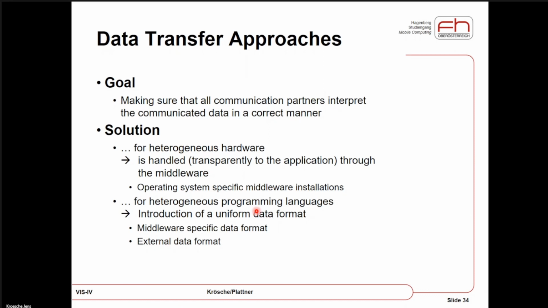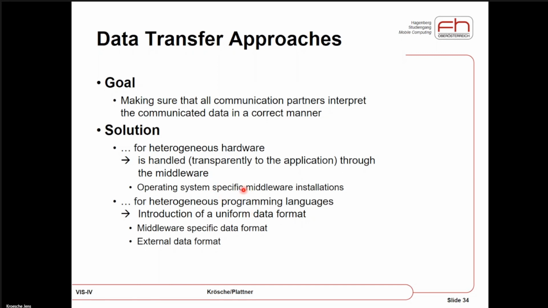So there are different middleware technologies coping with this problem. Some are specialized on heterogeneous hardware alone, some are specialized on top of different programming languages. So they have different abstraction levels to cope with this problem.